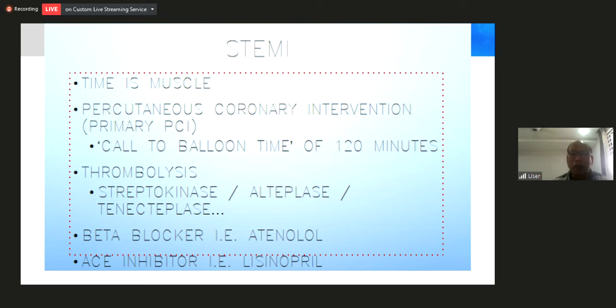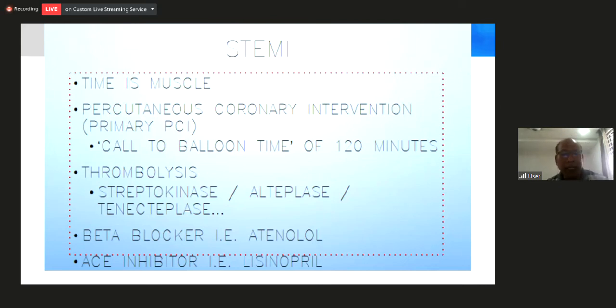So if you want to do thrombolytic therapy at the pre-hospital stage, like in Australia, they give thrombolytic therapy at the site, for example at the klinik kesihatan, and then they bring the patient to the center equipped with percutaneous intervention. I think tenecteplase is the best compared to alteplase, because alteplase still requires 1 hour infusion.